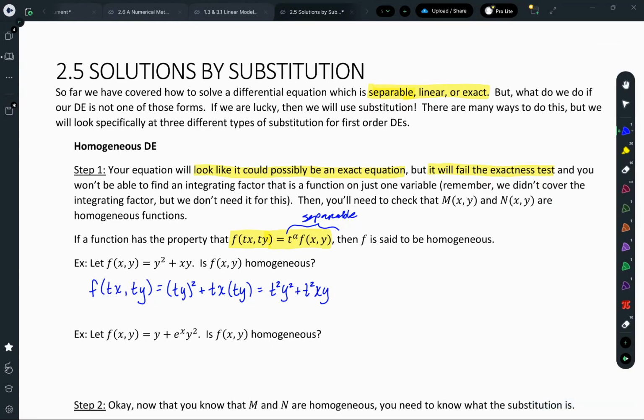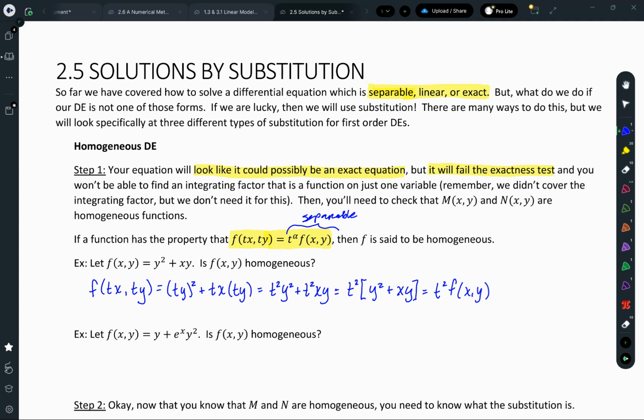That should have been a plus. Okay, so I can factor out the t squared, and that leaves behind a y squared plus xy. But that was the original function. f of x,y is y squared plus xy. So what happened is now I've got t squared f of x,y.